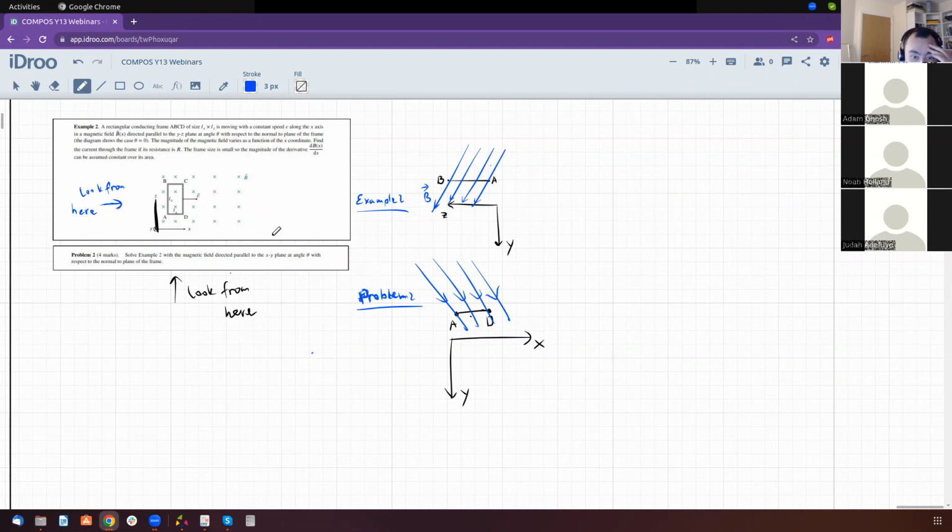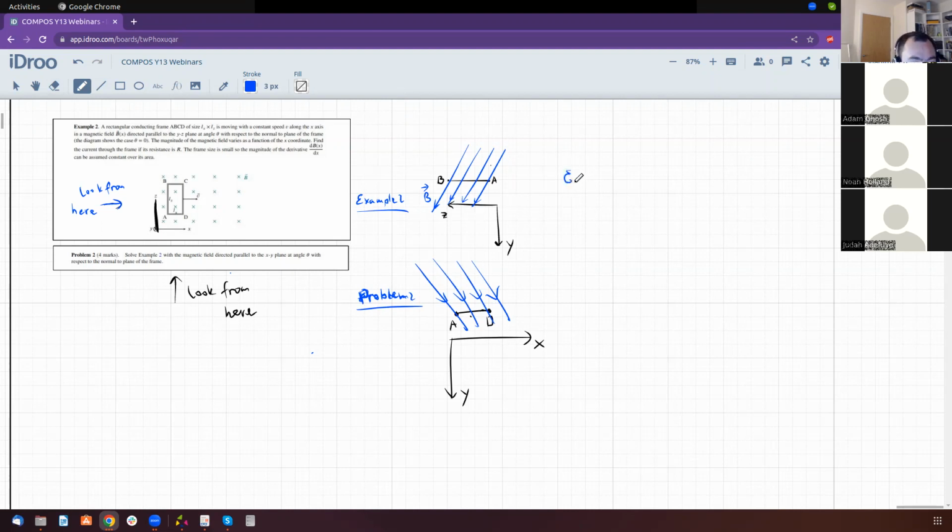Okay, so in example 2, we have 2 EMFs induced.